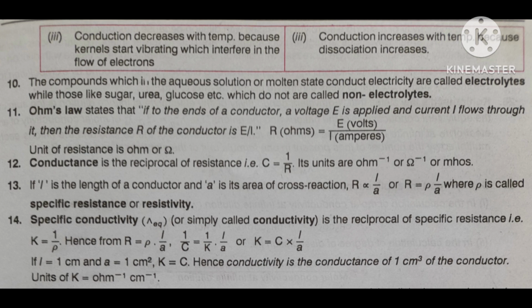Then using this equation, C is equal to 1 upon R, and the other equation R is equal to rho into L upon A, and the third equation K is equal to 1 upon rho. Here, in K is equal to 1 upon rho, you have to put the rho value.